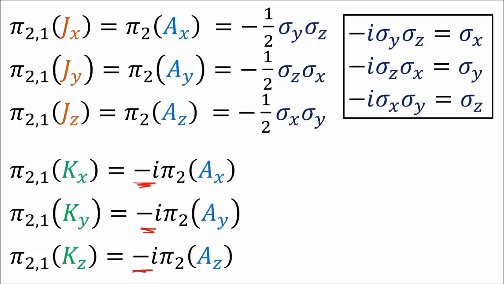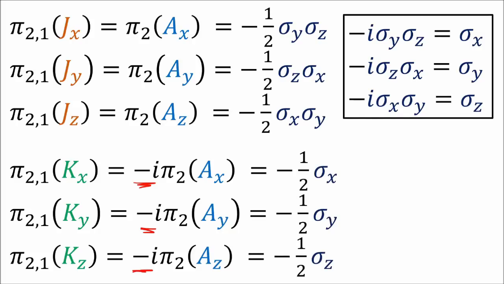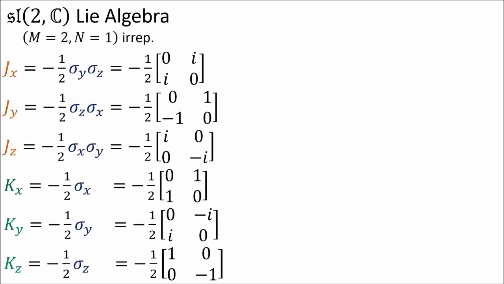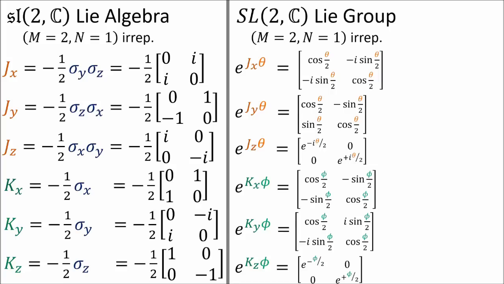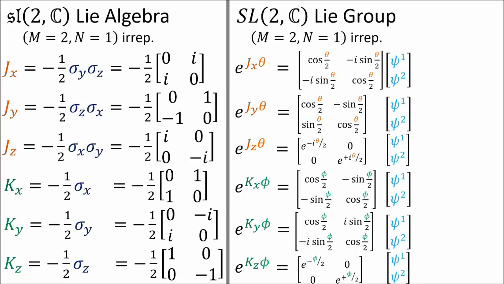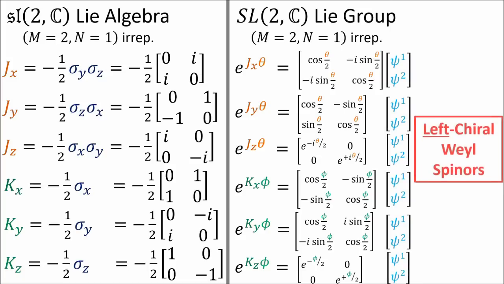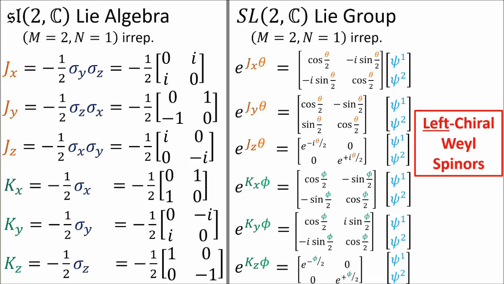So the boost matrices are just -1/2 times an individual sigma corresponding to the boost direction. So these are the generators for the m equals 2, n equals 1 irrep. And when we exponentiate them, we get these rotation and boost matrices. Particles that transform under this representation are called Weyl spinors, specifically left chiral Weyl spinors.